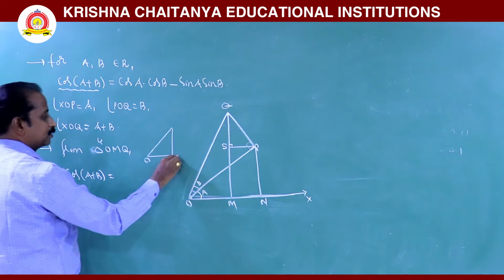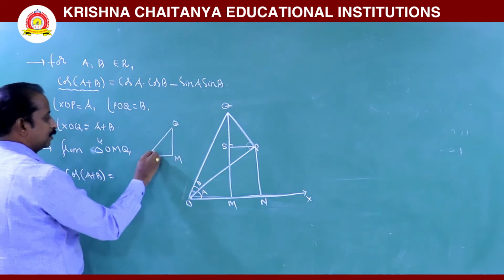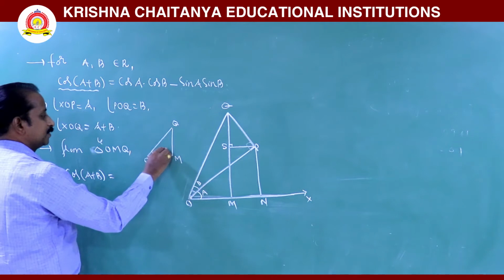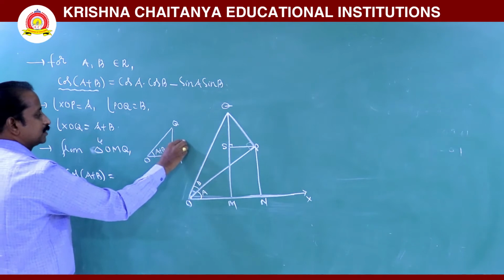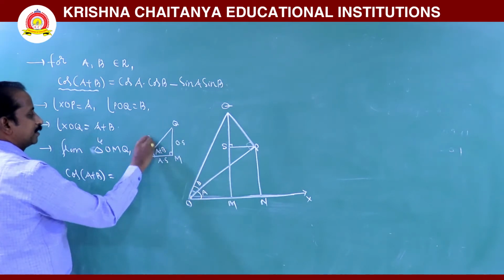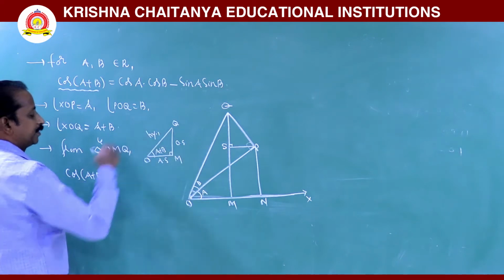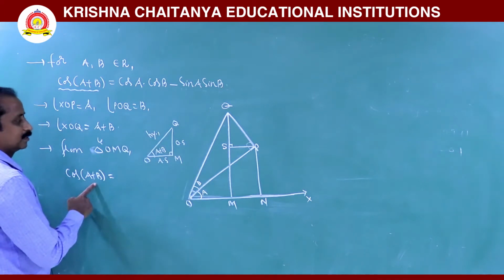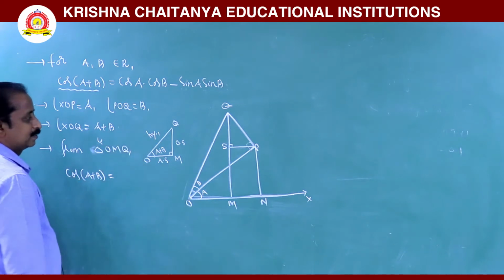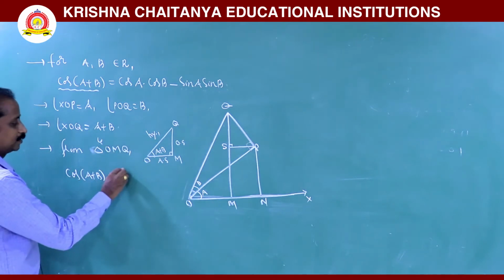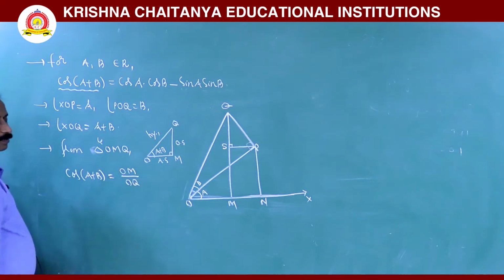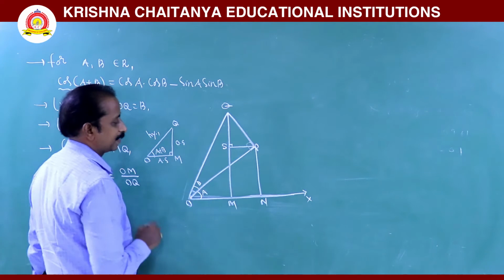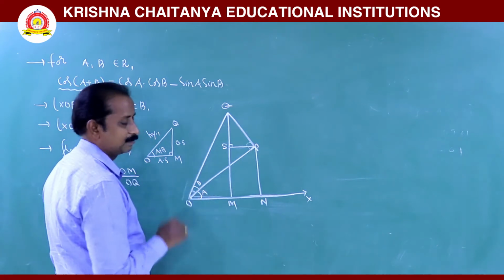This is O, this is M, this is Q, measuring angle A plus B. We know that in a right angle triangle, this is the opposite side, this is the adjacent side, and this is the hypotenuse. Cos theta is nothing but adjacent side by hypotenuse. So we can write OM divided by OQ. Now in this diagram we need some angles.